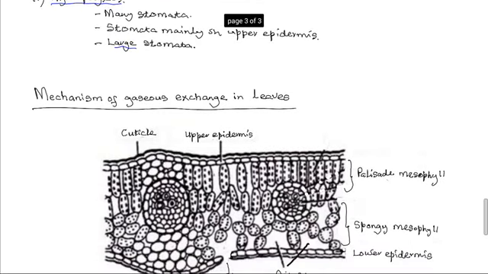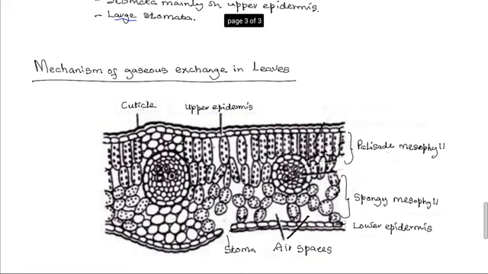So in the leaf, the stomata are the main avenues through which gaseous exchange takes place. So you look at the structure of the leaf, and you see how the two main gases, carbon dioxide and oxygen, get into and out of the plant.